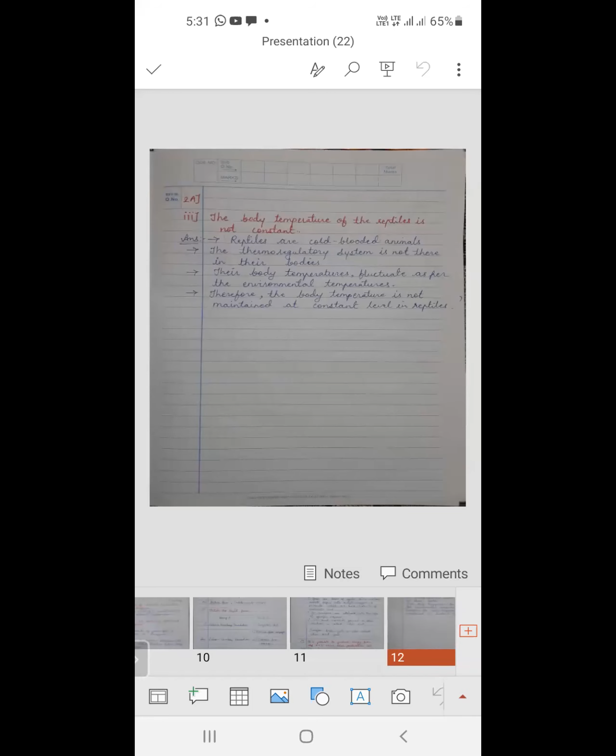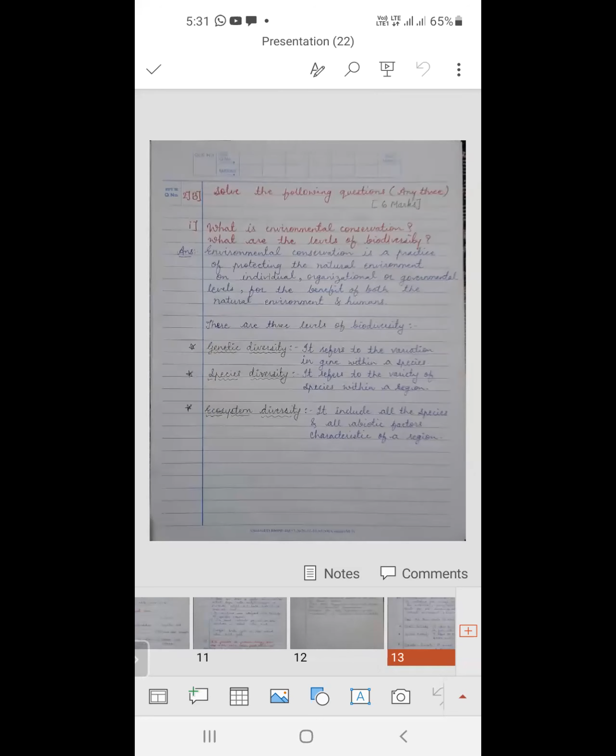We will move to the next question, question number 2B. Now solve the following questions. Here in question 2B, we have to solve any three. Five questions are given, and out of that, we have to write any three.